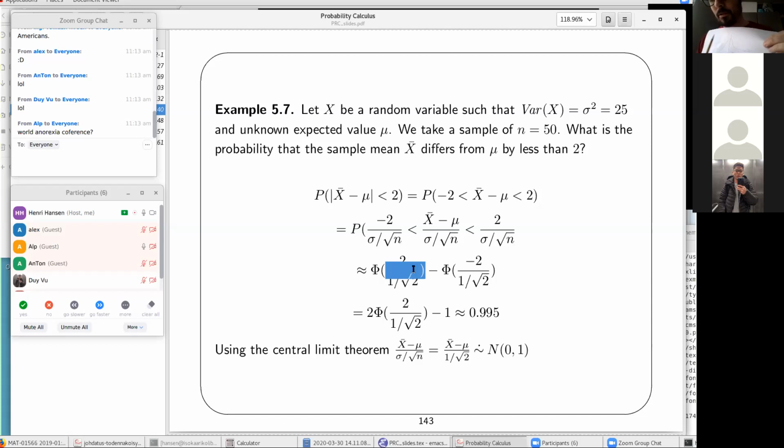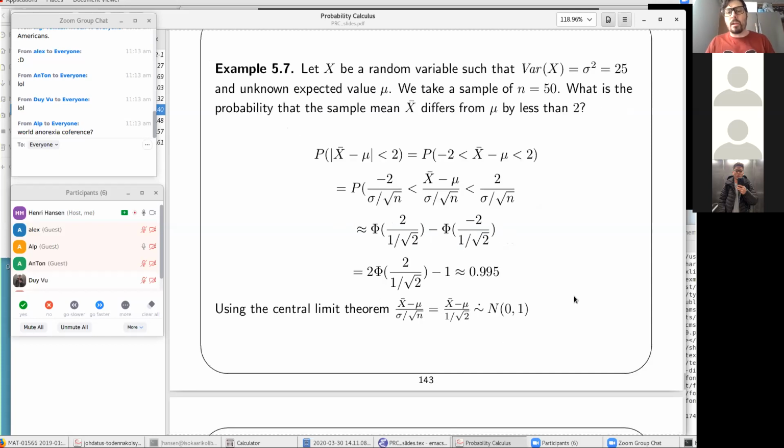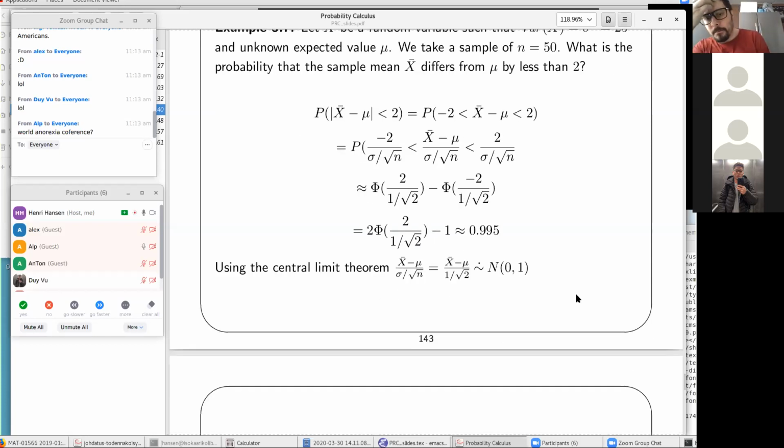So when we subtract this smaller region from this region, we get this middle region. And by symmetry, this is 1 minus that, so we get 2 times that minus 1, and we get that it's 0.995. So that's a 99.5% probability that we are this far from the expected value.